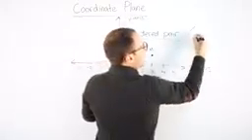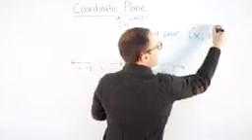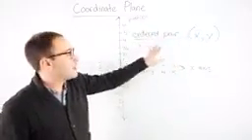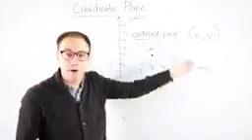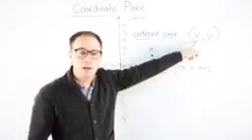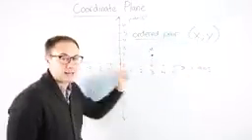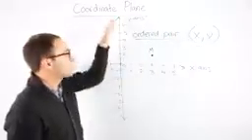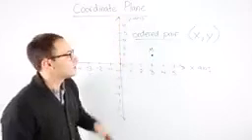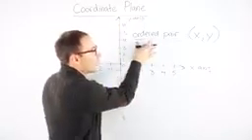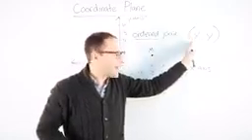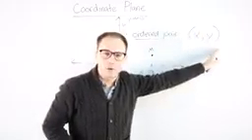So it always looks like this. It's called an ordered pair because you have a pair of coordinates. You have an x-coordinate. That's what you do on the x-axis. You also have a y-coordinate right after that, and that's what you do on the y-axis. So it's called an ordered pair because it's always in this order. The x always comes first, and then the y.